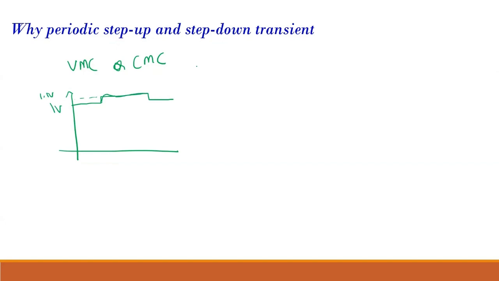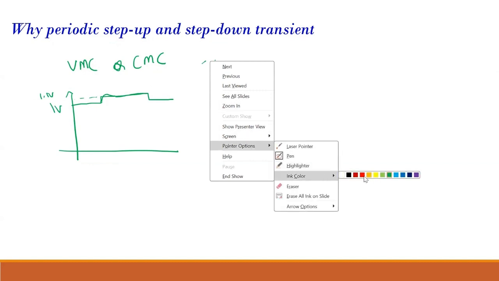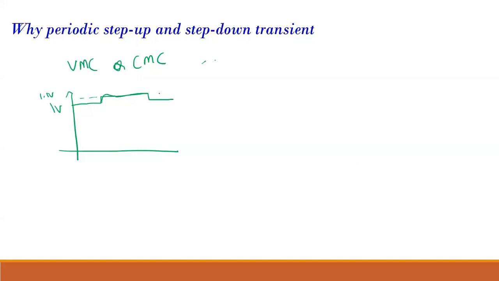Let me change the color. The output voltage will change like this, come like this, reduce like this, etc. This is for my reference transient.